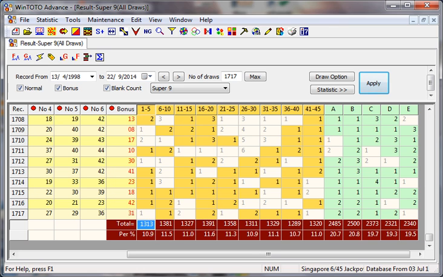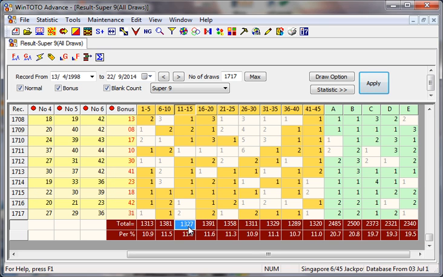Earlier on we were talking about Super 3, and now we are talking about Super 9. I'm not here to confuse you, but definitely here to help you. If you take a very close look now, you can see very clearly that if we are expecting 2 numbers to appear from 1 to 15, then there's a very good chance they come from 1 to 10. From 1 to 5 we expect 1 number, and from 6 to 10 we expect 1 number. So that works out to 2 numbers from here.